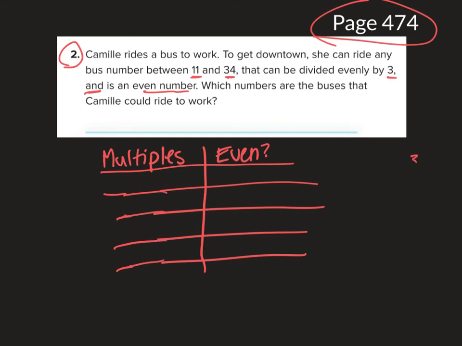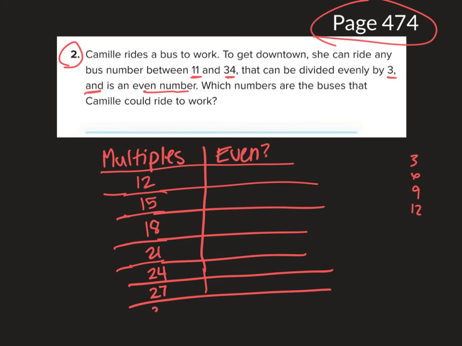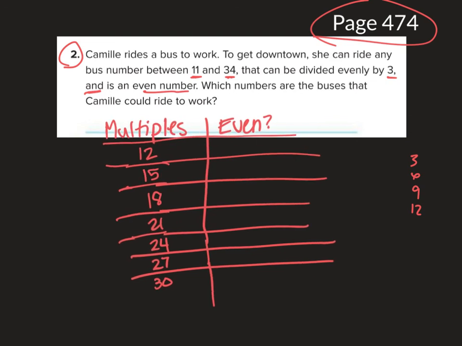So we have 3, 6, 9, 12, 15, 18, 21, 24, 27, 30. I've got to scooch up a little bit. And lastly, 33. Okay, even? Yes. No. Look at this. Yes. No. Yes. No. Yes. Look at another pattern. No.